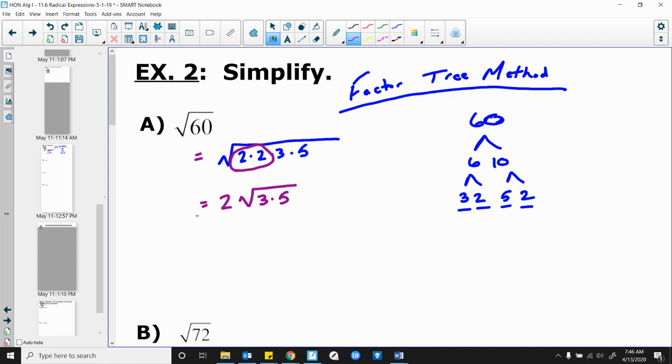In this case, it's 3 times 5, which is 15. And the square root of 60 simplified would be 2 square root of 15. So right there, that's our first way to do this using our factor tree method.